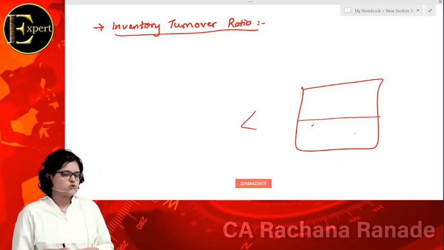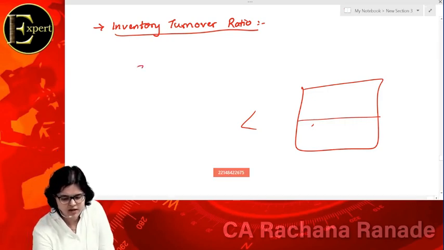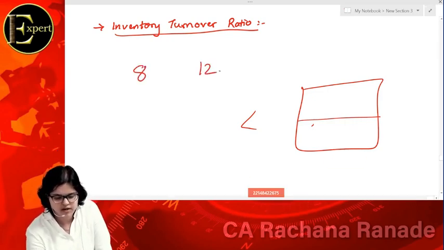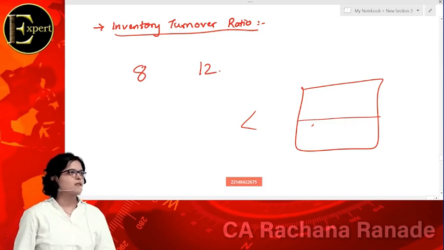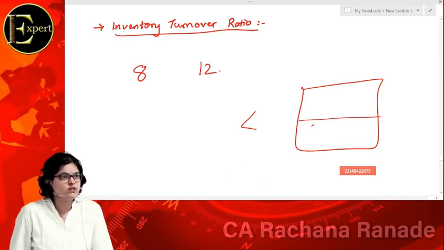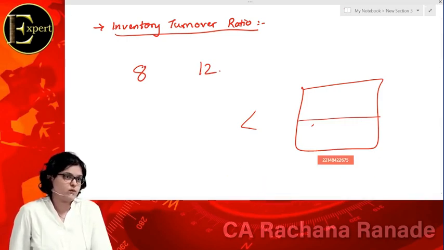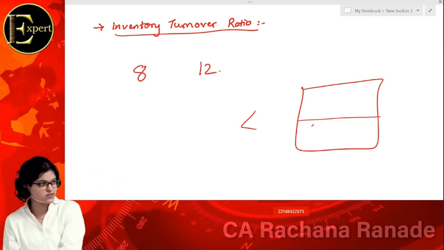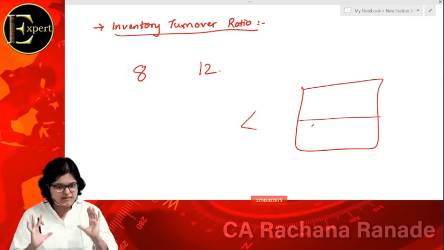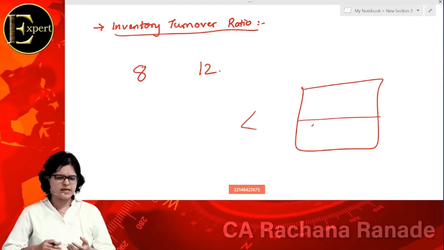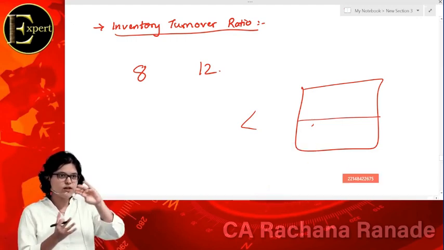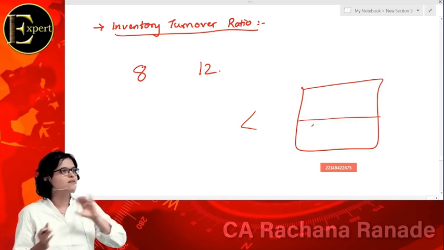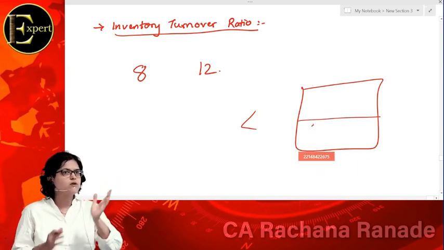So how many times did this happen in the year? 8. So if I'm saying a company has an inventory turnover of 8 versus an inventory turnover of 12, what does it mean? Which is better? 12 is better. Why? It means that they manufactured and sold, and this happened 12 times in a year. So in simple words, can I say they can move their inventory in the market, they can sell their inventory in a market in a better or a faster manner?